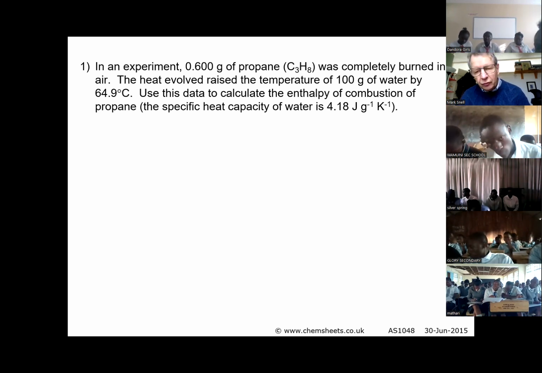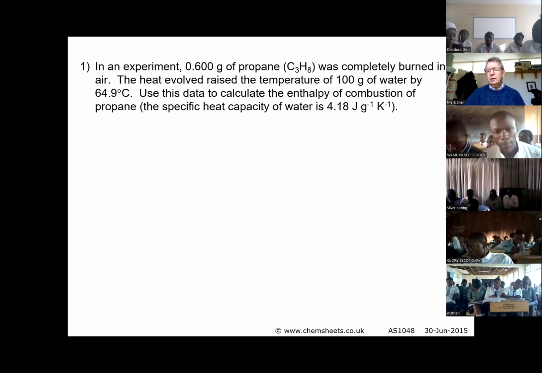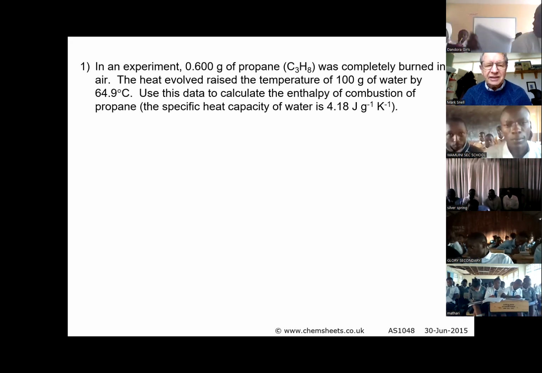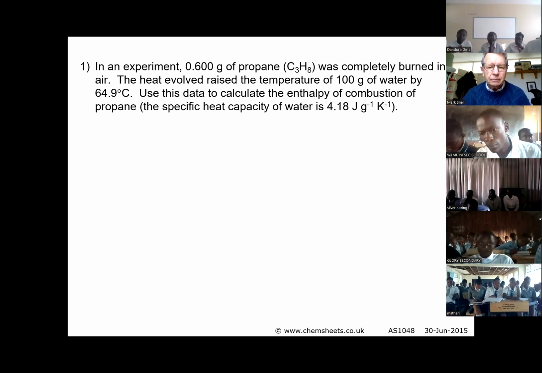So work out Q first, then work out the number of moles, which is grams over RMM. The RMM of propane, because carbon is 12 and hydrogen is 1, will be 36 plus 8, which is 44. Dandora girls, do we have an answer?